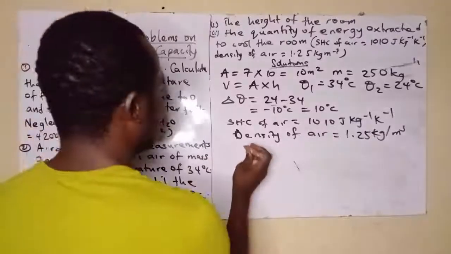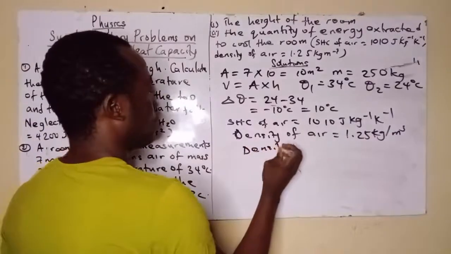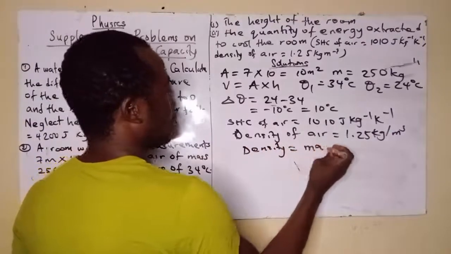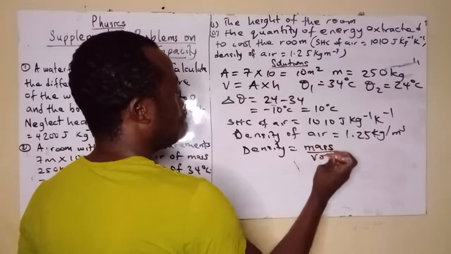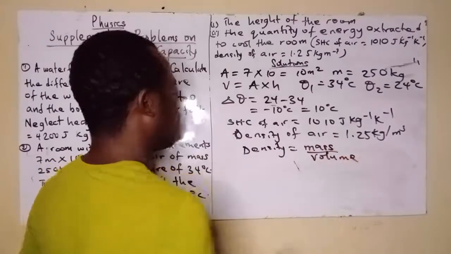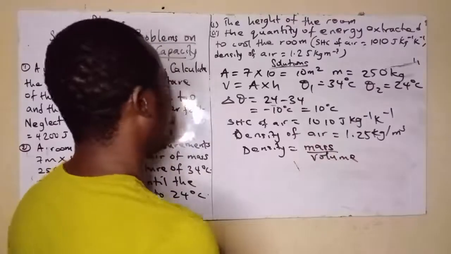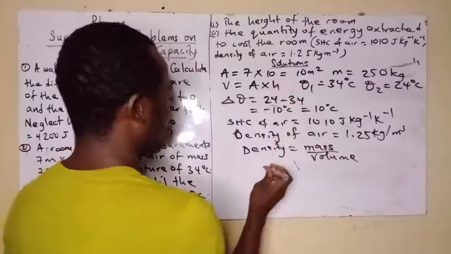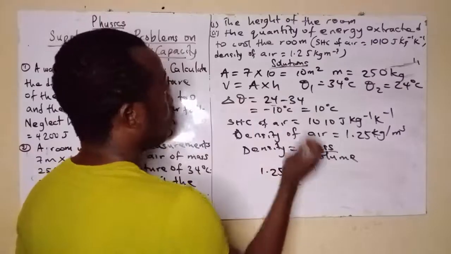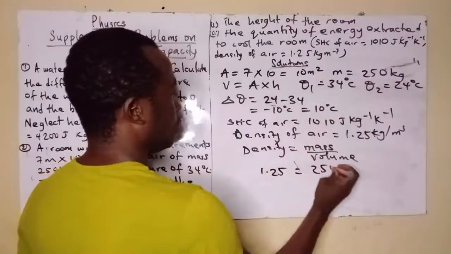We all know that density is equal to mass over volume. So the density, 1.25, equals the mass, 250, over the volume.